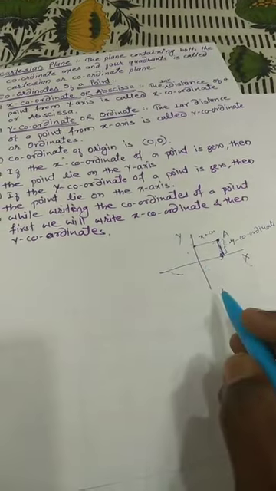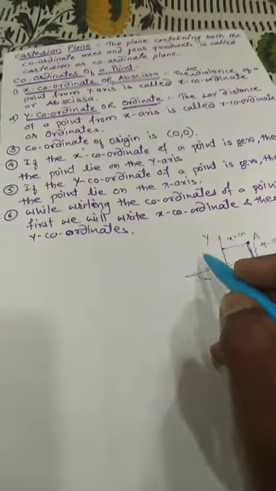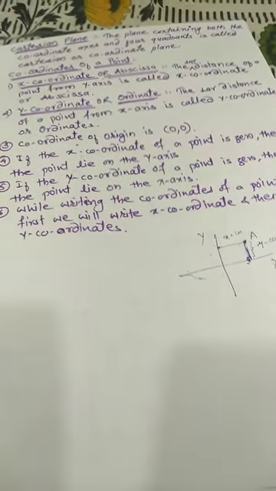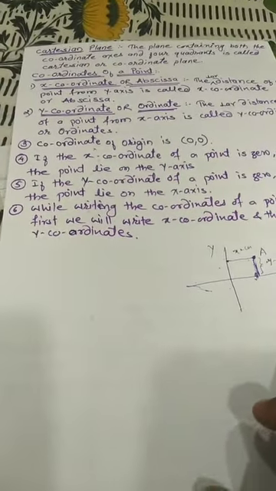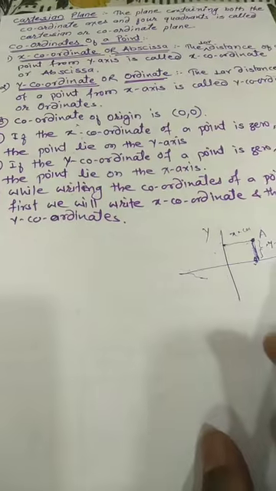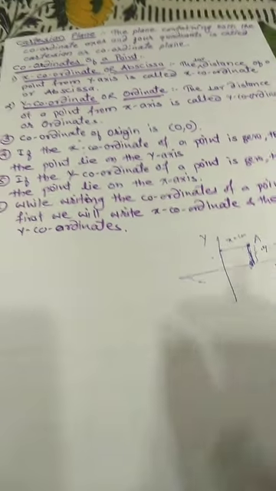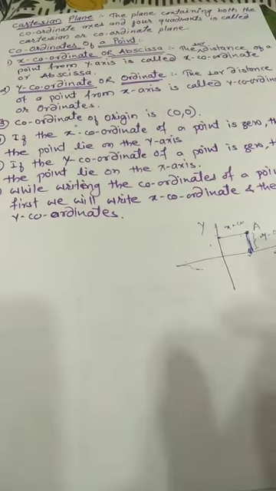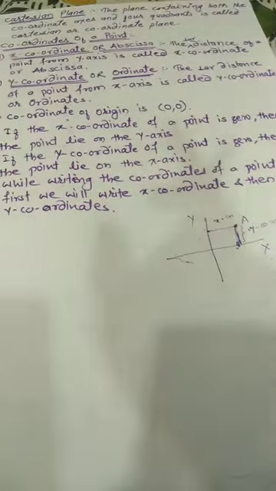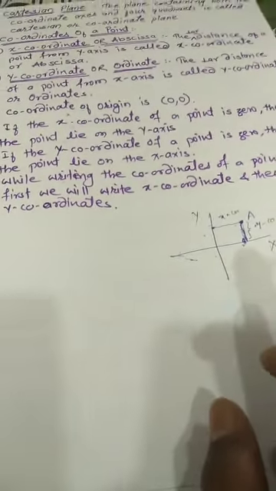When we write both, we get the coordinates of a point. While writing the coordinates of any point, first we have to write the x coordinate, or first coordinate, which represents x coordinate or abscissa, and the other, second coordinate, represents y coordinate or ordinate.